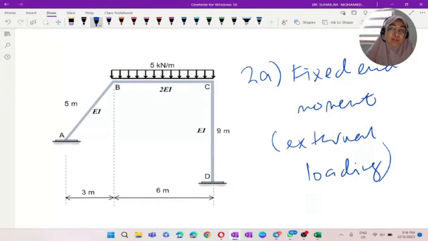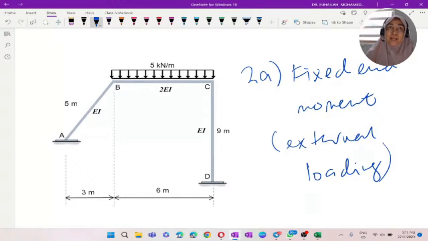When the beam is subjected to loading, we assume that both ends are fixed, and then there will be a moment at each end, and the moment will push the beam back to its original position. Okay, that is fixed end moment.